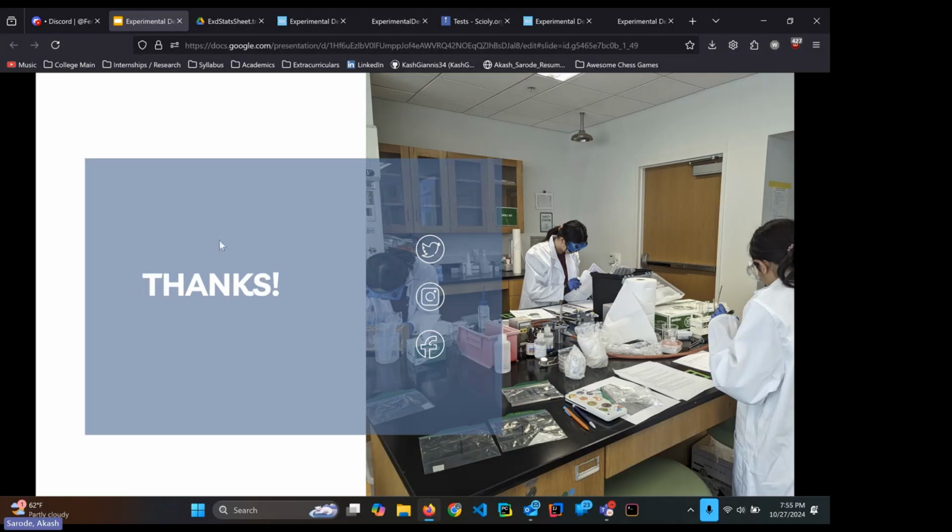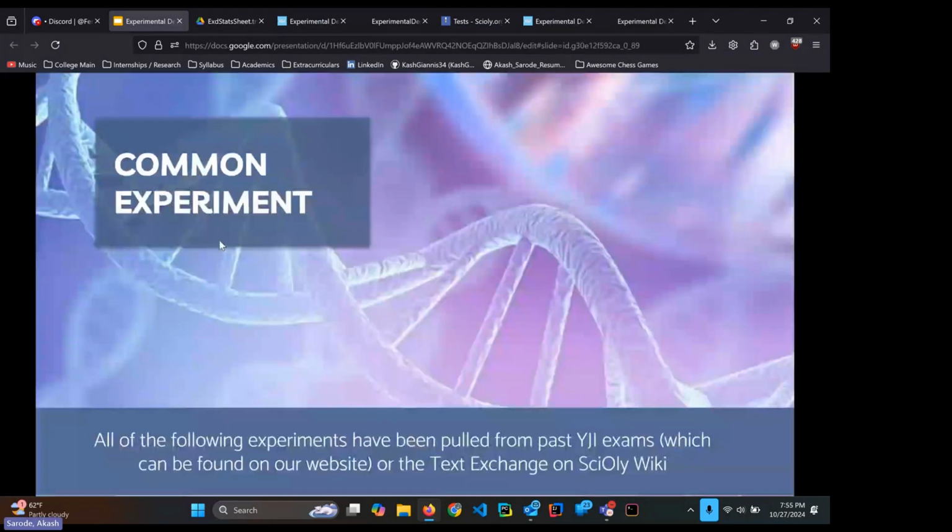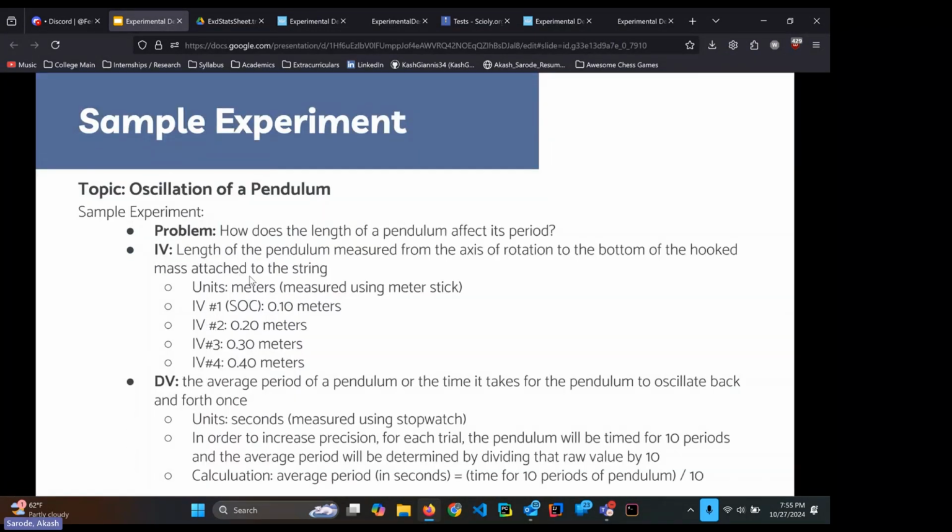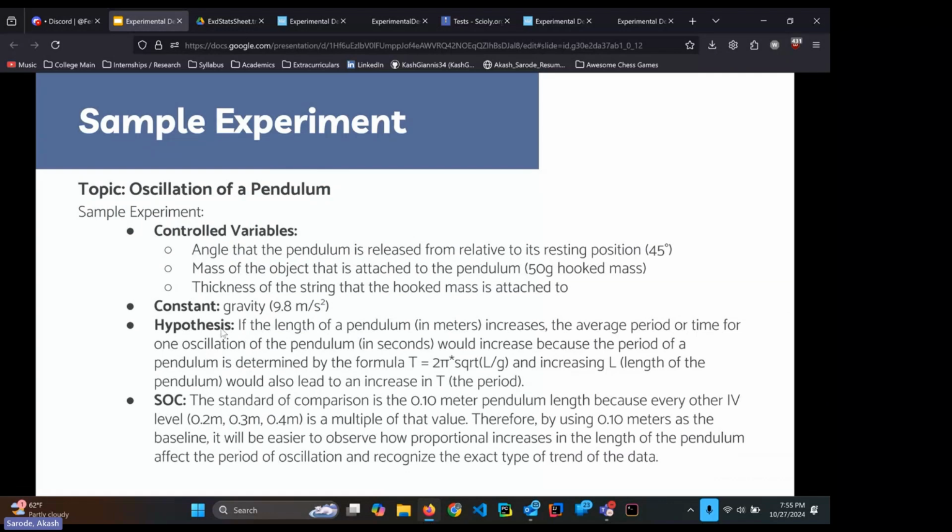Someone asked, what does it mean in the rubric that the CV is correctly identified and relevant? What do you need to say about relevance? So for controlled variable, I think I mentioned this for the sample experiment. Like I said before, the controlled variable needs to be something that actually has an impact on the dependent variable.